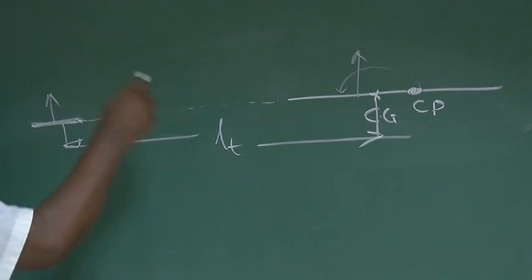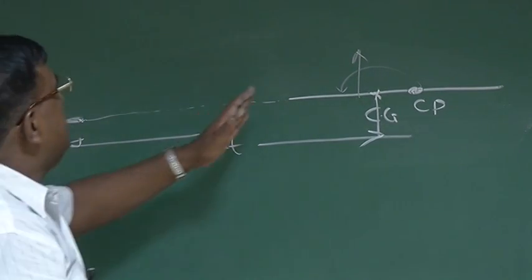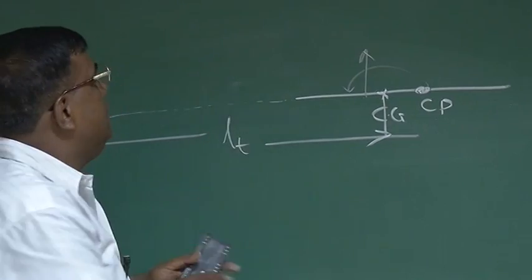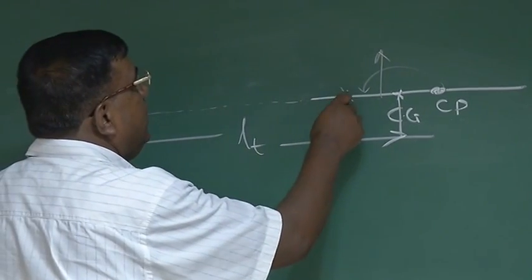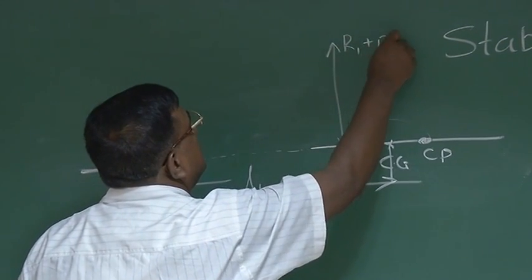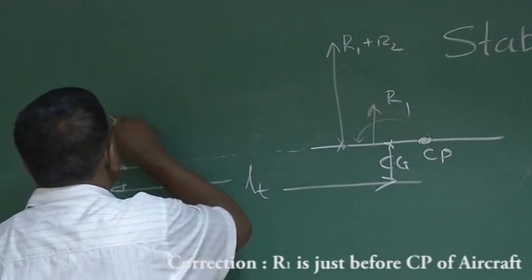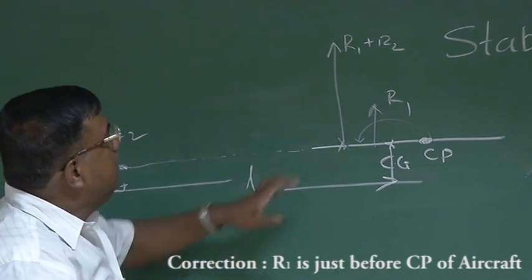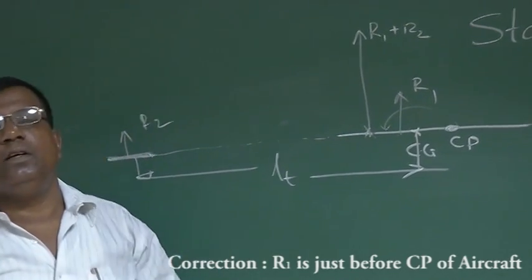Now the resultant of these two forces will come to this side, our left hand side, and I can find a point where I can represent the resultant as R1 plus R2. Let's say this is R1, this is R2, and I define that point as the center of pressure. That is, about that point, the moment is 0. So I can assume that the whole resultant force is acting at that point, which is the center of pressure.